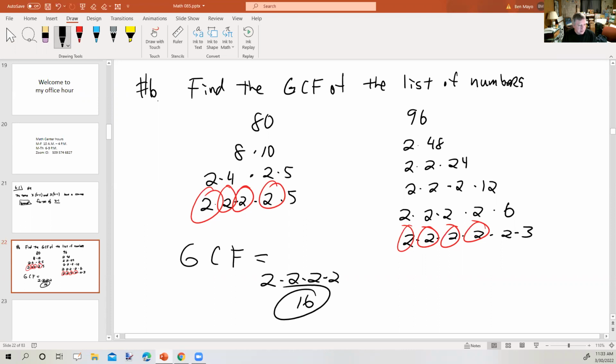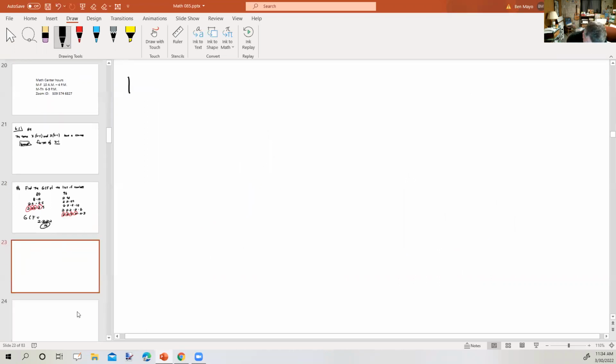All right, let's take a look at number 18. It says factor the polynomial by factoring out the opposite of the greatest common factor. And what they mean is they want you to factor out a negative. Okay, so we're going to factor out a negative.